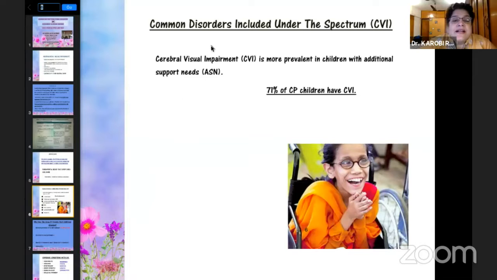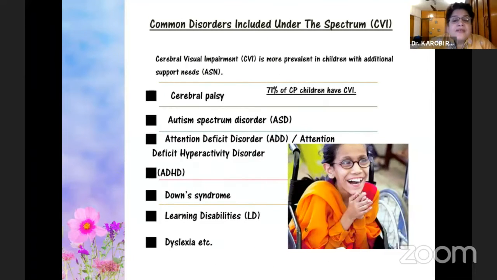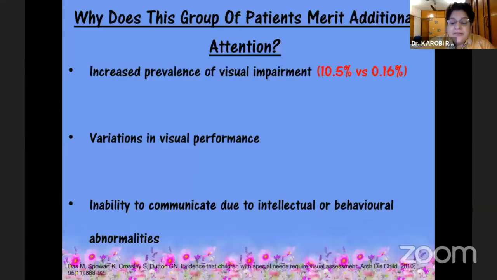It is important because there are a whole lot of conditions like cerebral palsy, autism spectrum disorder, ADD, ADHD, Down syndrome, learning disabilities, dyslexia, etc., which are common with this kind of condition, and 71% of CP children have CVI.